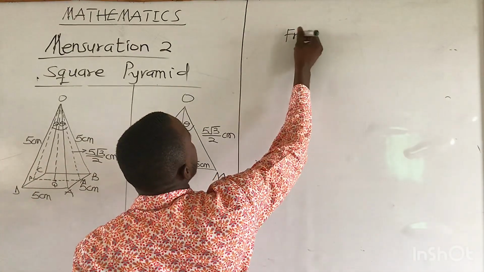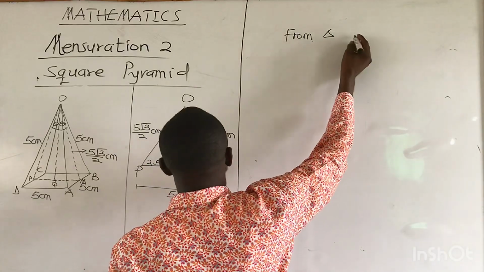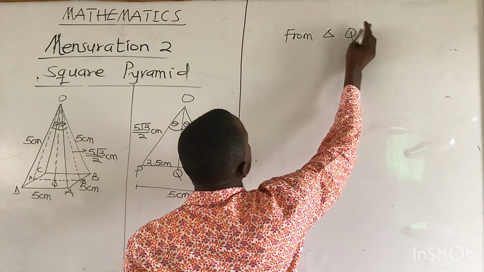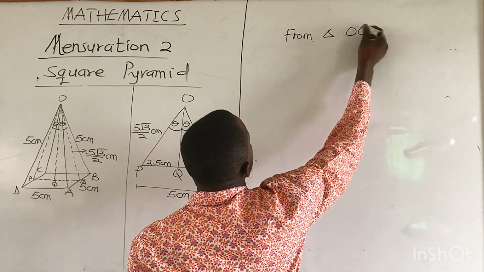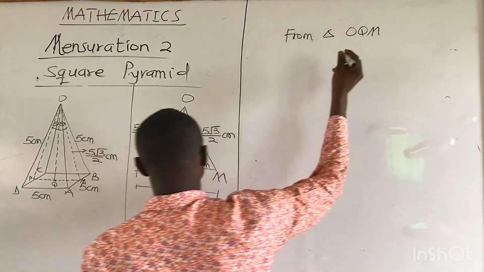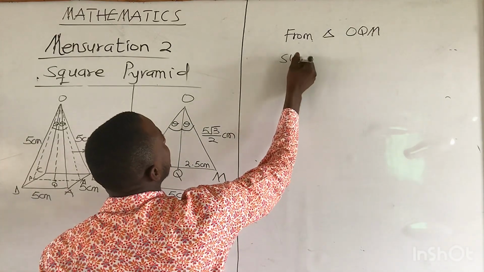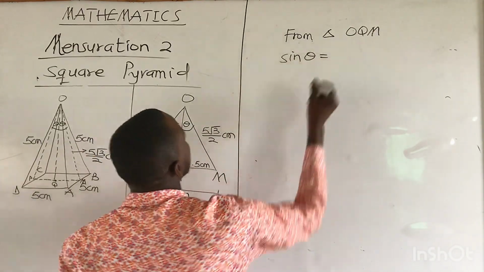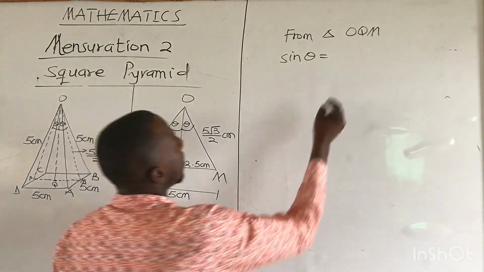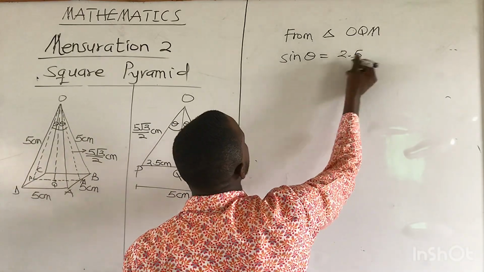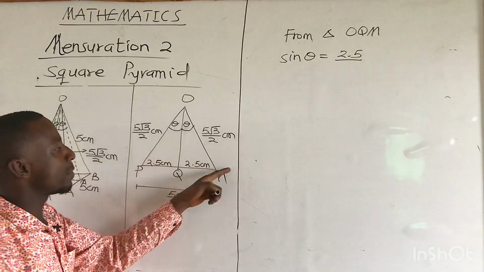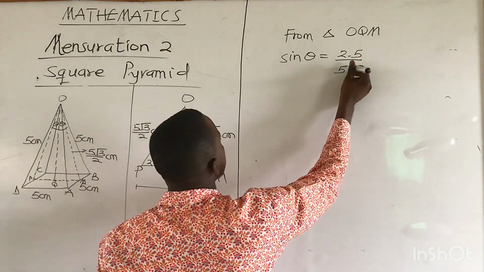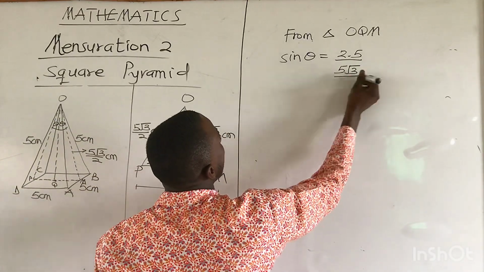So from triangle OQM, I have sine theta is equal to opposite, which is 2.5 over the hypotenuse, which is 5 root 3 over 2.